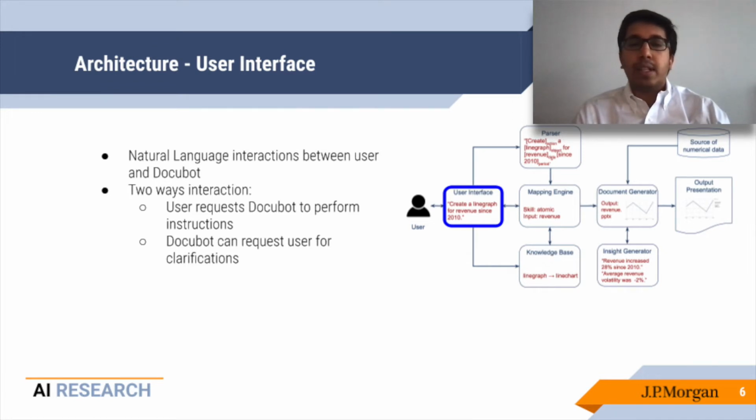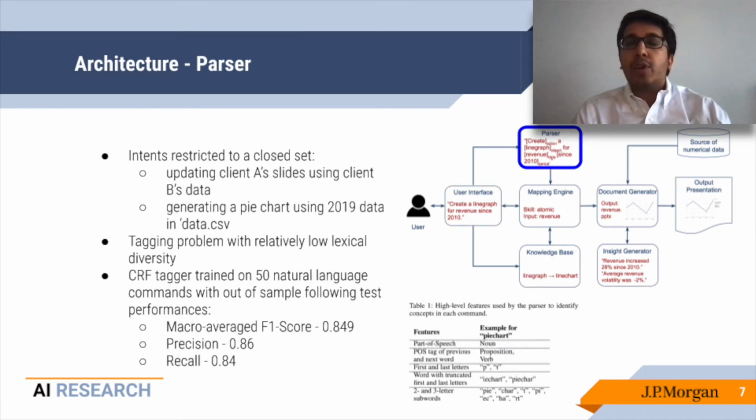The report is nothing but a digital document such as a PowerPoint slide deck, a PDF, or a Word document, and so on. Docubot can also interact with the user through the user interface to clarify any ambiguity in the user's natural language instruction. The user interface sends the input of the natural language instruction to the parser to enable Docubot to understand the intent of the user's instruction.